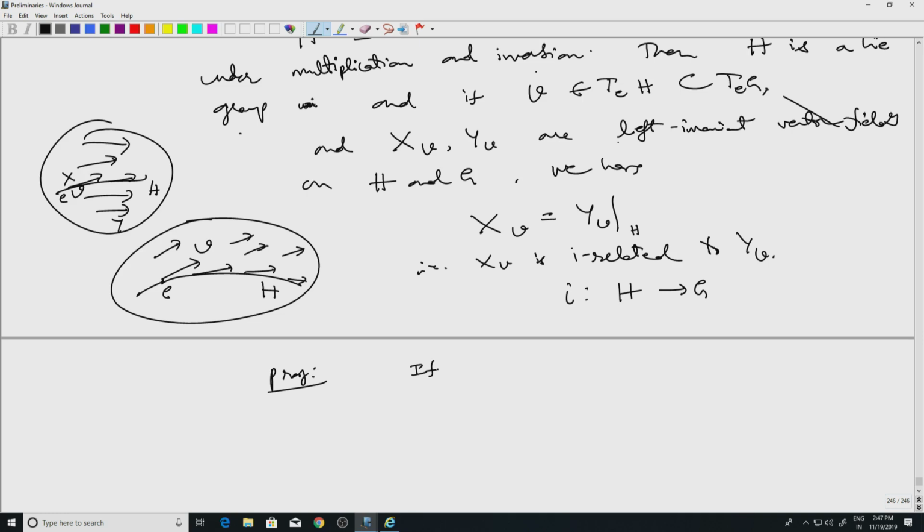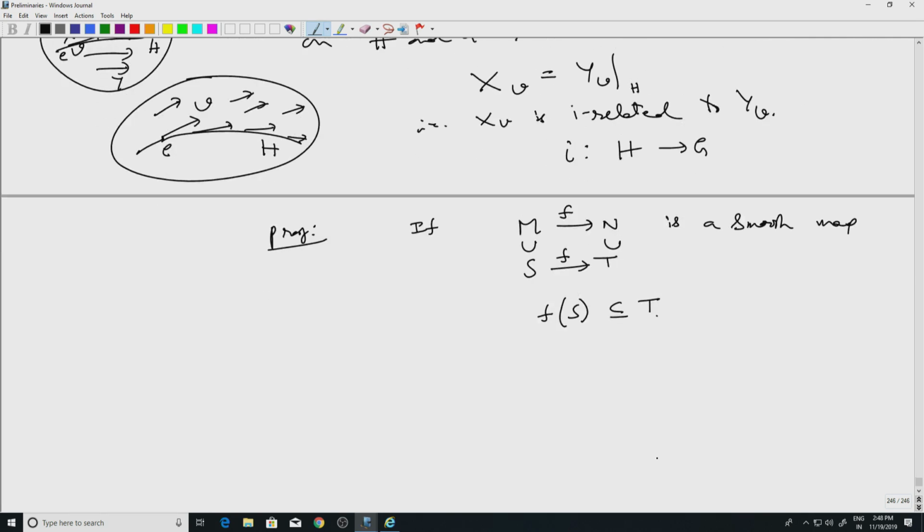if you have a smooth map F from M to N, suppose I have submanifolds S in M and T in N, and F takes the submanifold S inside T. In other words, F of S is contained in T. Then if I look at the derivative of F at a point P in S, dFP, now there are two F's.